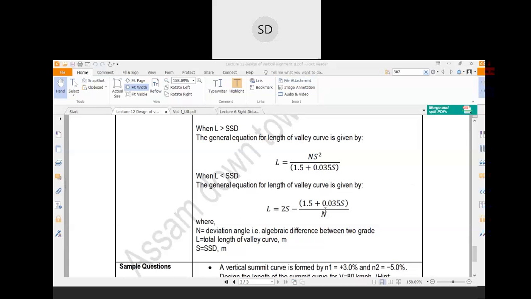For these two formulas, N is the deviation angle and S is the stopping sight distance. So I think this portion is clear to you.